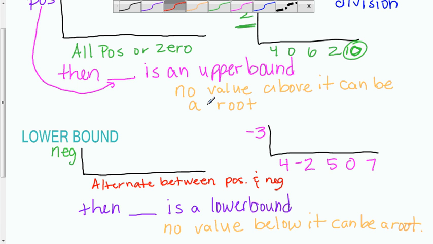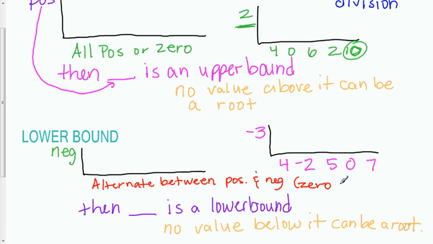One thing I did not mention here is when this alternating part, 0 can be either positive or negative. So positive, negative, positive. This time the 0 is negative, and then positive. So it alternates.